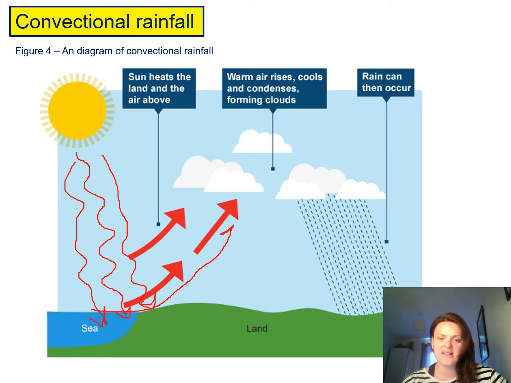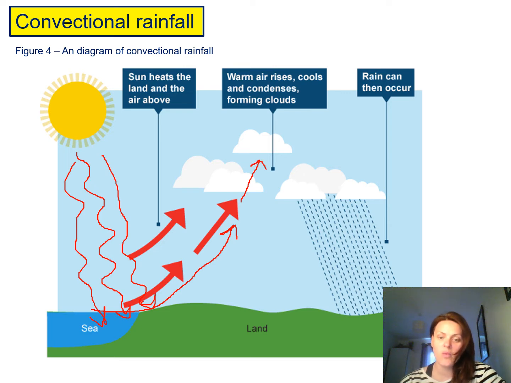As the air rises, it will take with it moisture as it evaporates any moisture on the land. And we know this with altitude, as air rises, as it gets higher, it cools. So as it gets higher and higher up into the atmosphere, it will cool down.